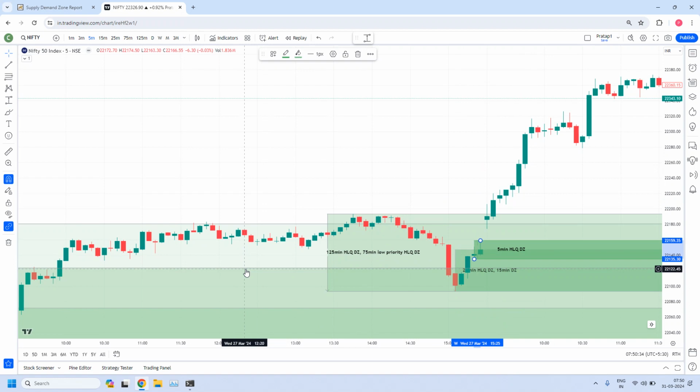Generally, fine-tuned zones inside daily or 75-minute high liquidity zones have an 80% success rate. But for a fine-tuned 5-minute zone inside a daily or 75-minute high liquidity zone, if that is also a high liquidity zone, then your success rate will be more than 90%.